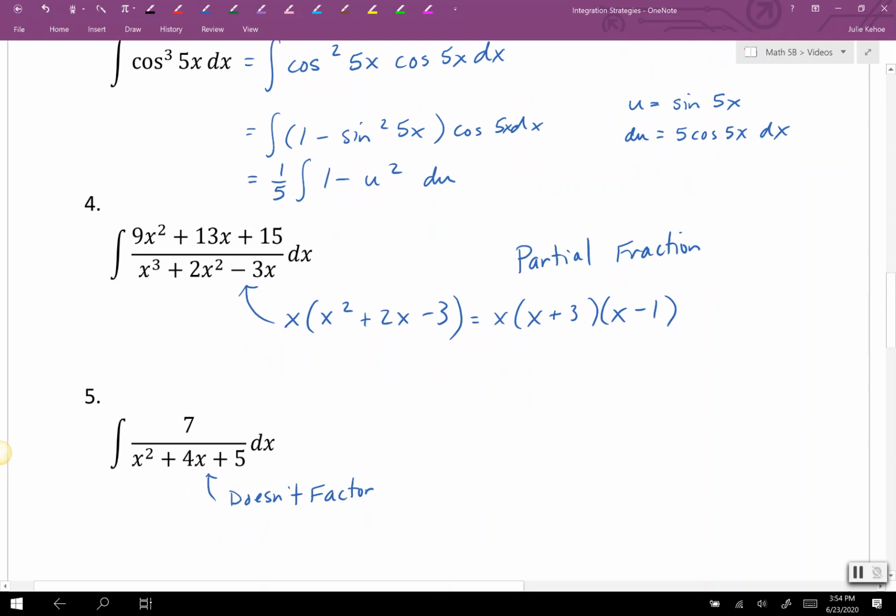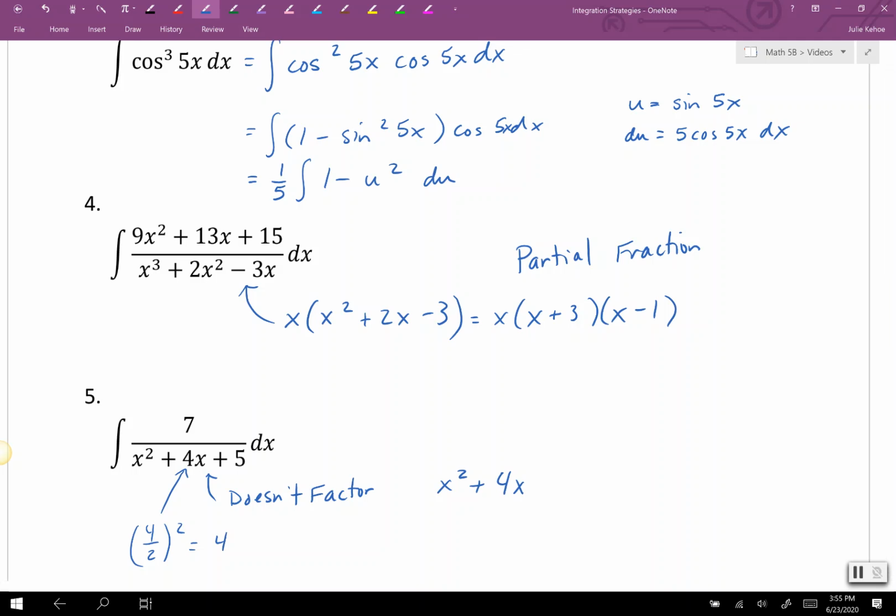So let's try it here. Completing the square means I take that middle term, the 4. If I divide that by 2 and square it, so if I take 4 divided by 2 and square that, 4 divided by 2 is 2, squared is 4. So that's what the constant would have to be in order for this to be a perfect square trinomial that would factor very nicely.